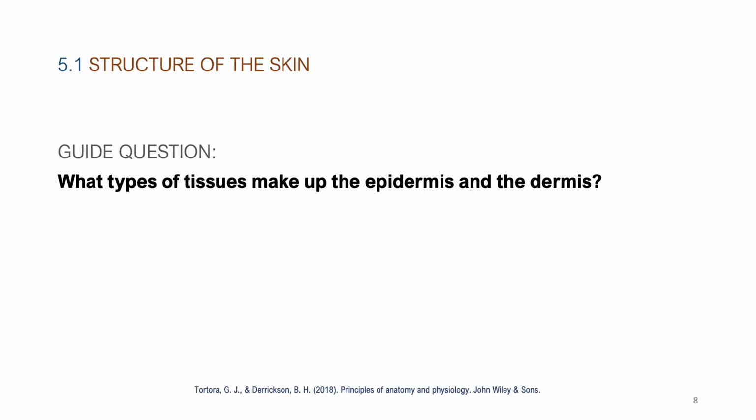Before we move ahead with the next few slides, I have this guide question. What types of tissues make up the epidermis and the dermis? You're right, the epidermis is composed of epithelial tissue, and the dermis is made up of connective tissues.